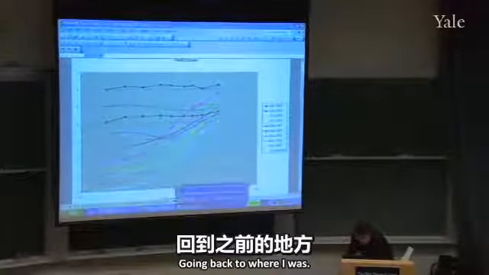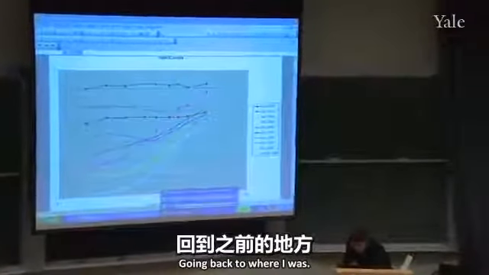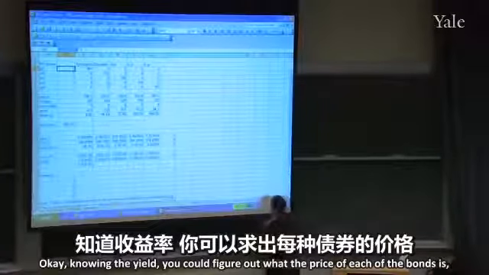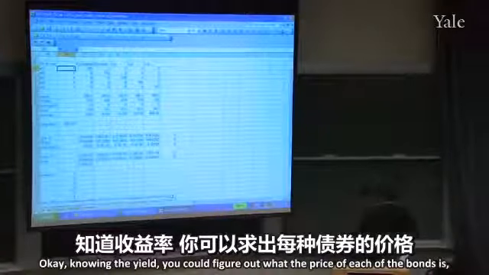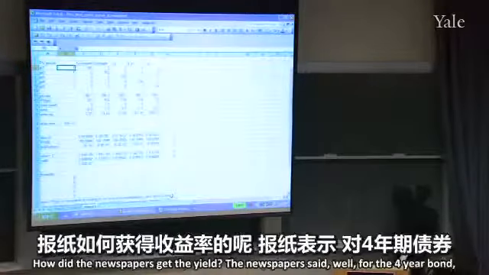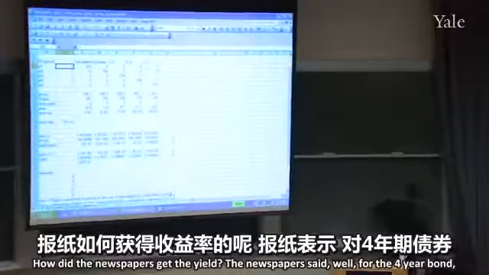Okay, knowing the yield, you could figure out what the price of each of the bonds is. In fact, how did the newspapers get the yield?